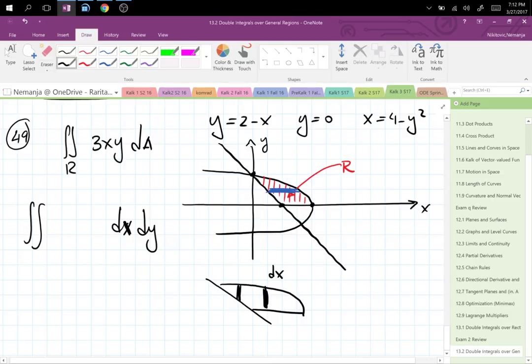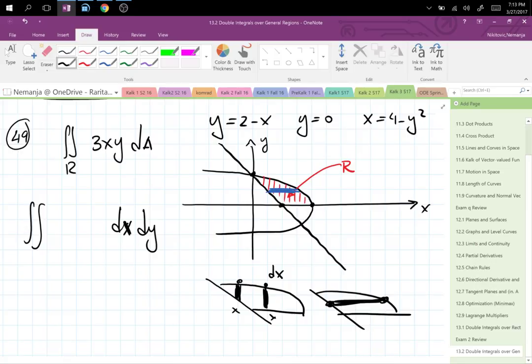Do you see how if dx is here, the top still has the same function, but the bottom has a different function? Whereas if I have this shape dy, this one always rides on the linear and this one always rides on the parabola. You see that? So this is how you know which one is the outer one.